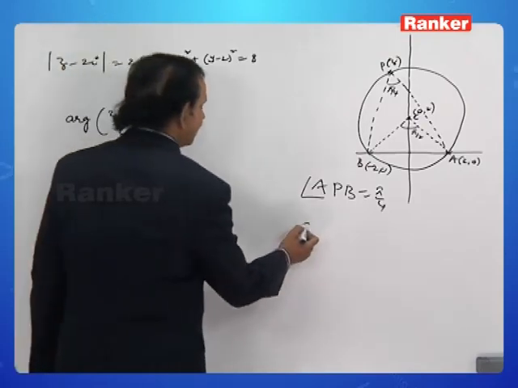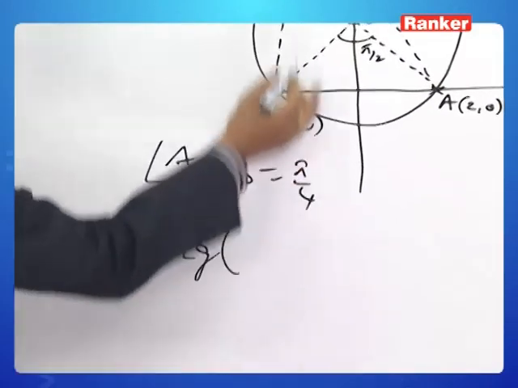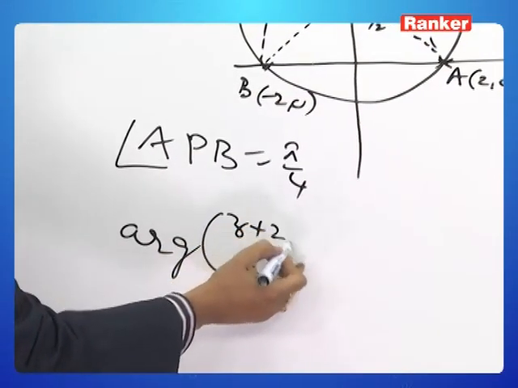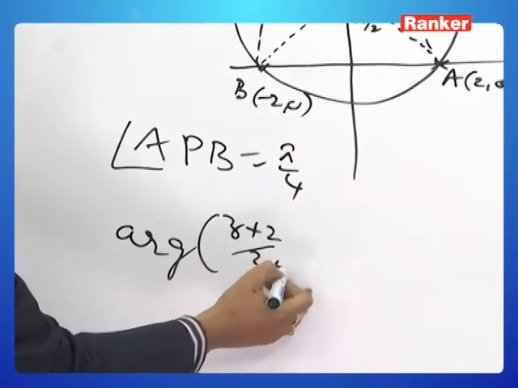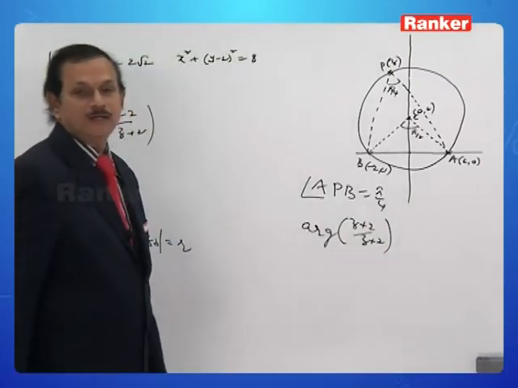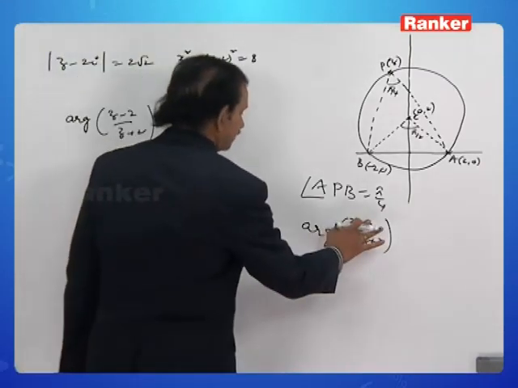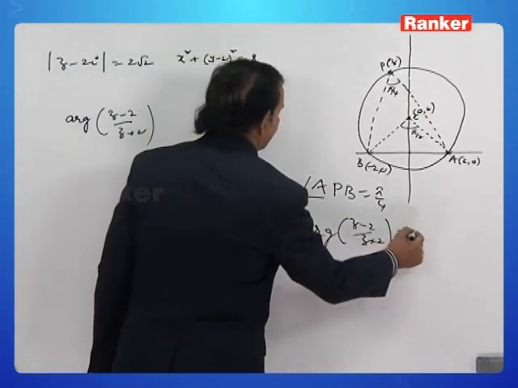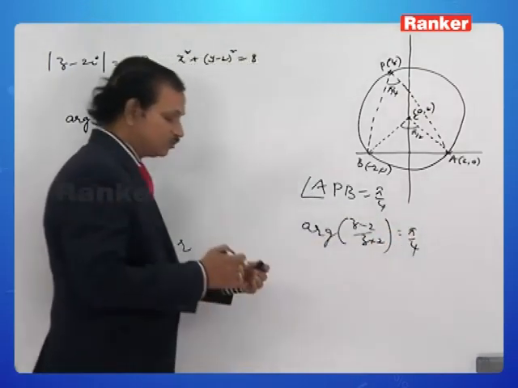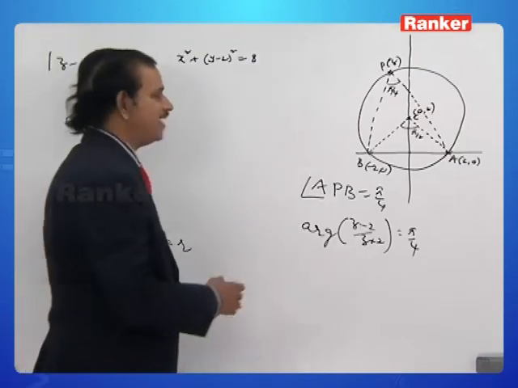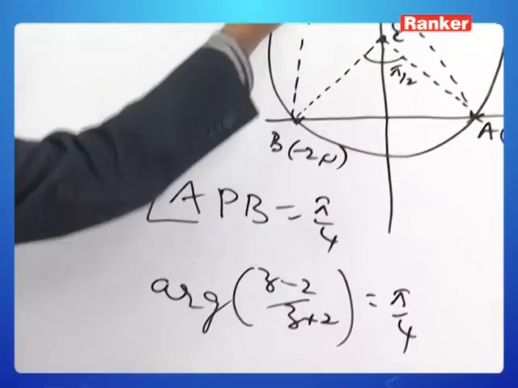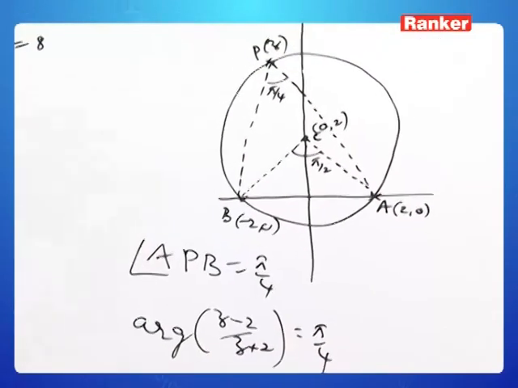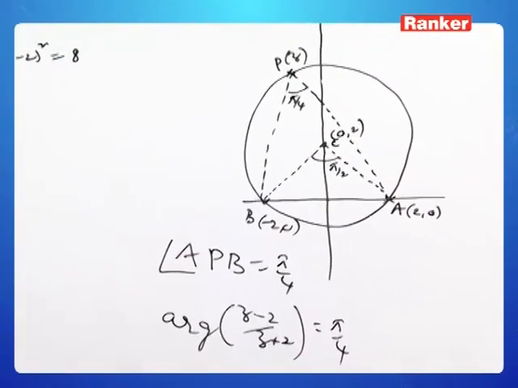It is just nothing but argument of z minus 2 by z plus 2, which is pi by 4. As you have to construct the angle in the anti-clockwise direction, AP, PB, like this. Therefore, for z minus 2 by z plus 2, the answer is pi by 4.